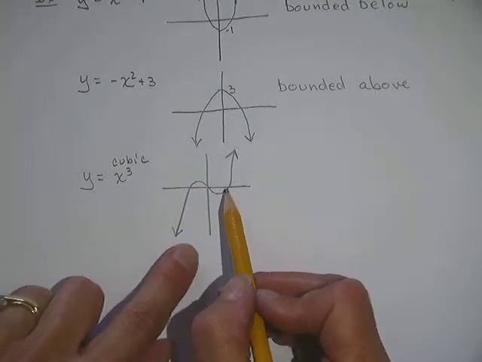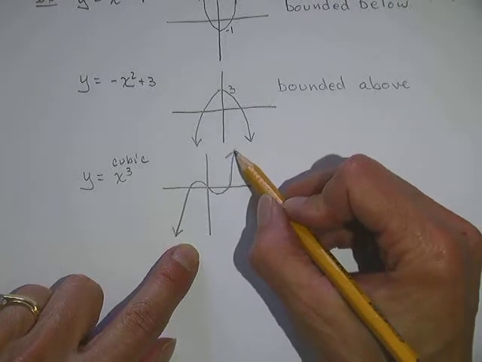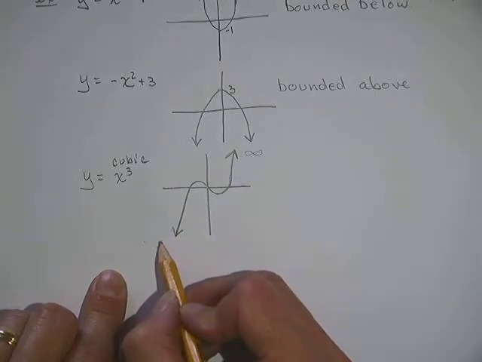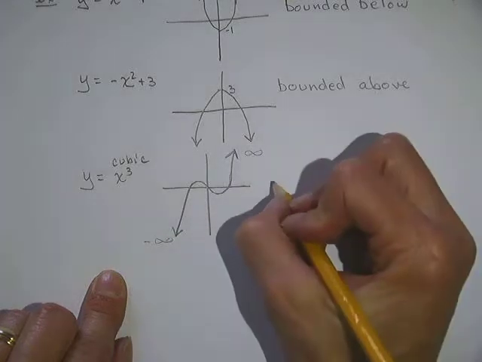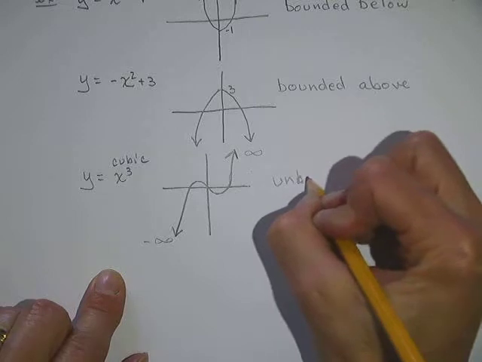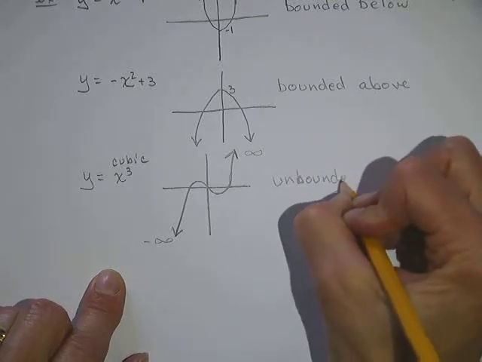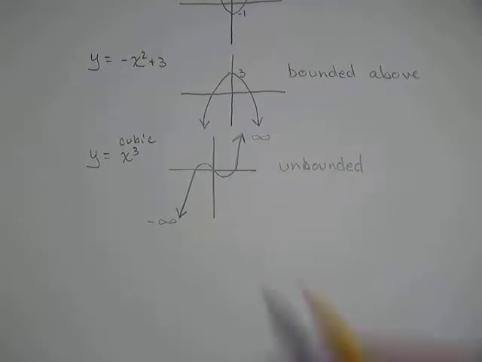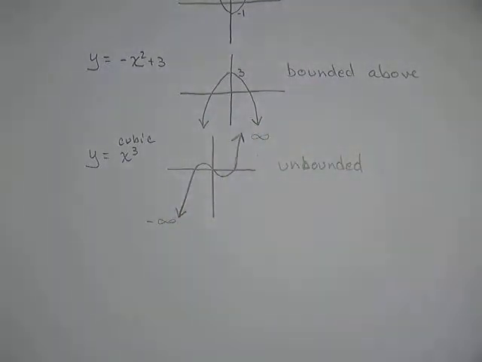Overall, because this function continues up here into infinity, and this one goes to negative infinity, we say that this is unbounded. The y values don't stop. The range is basically negative infinity to infinity.